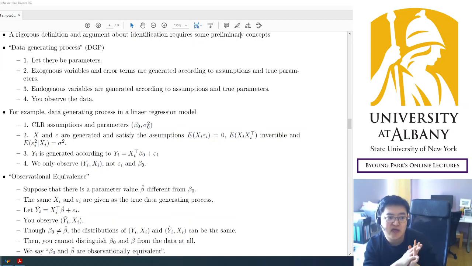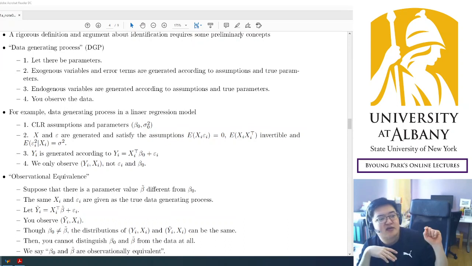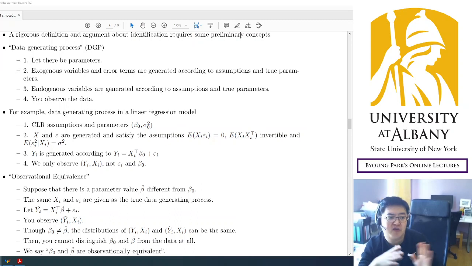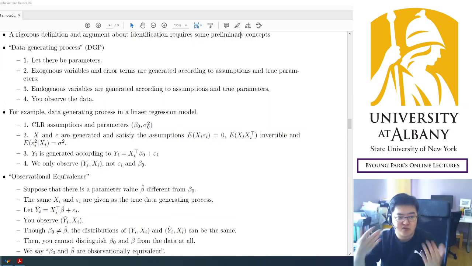So suppose that there are parameters. Say Mother Nature determines the true parameter values, and from there, exogenous variables and error terms are generated according to the assumptions. Of course, they satisfy the assumptions and also the true parameter values.